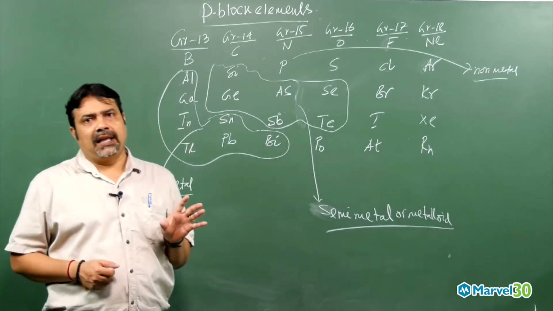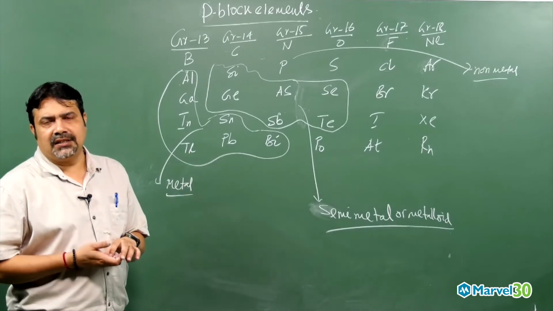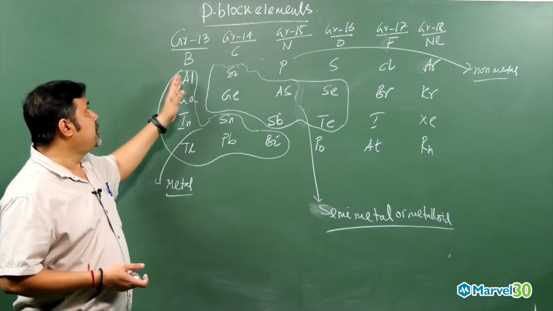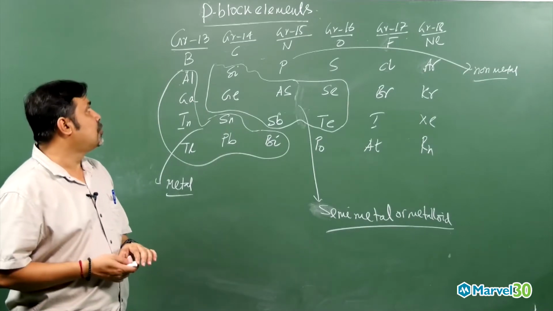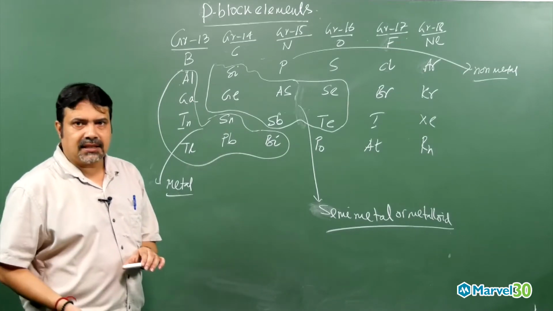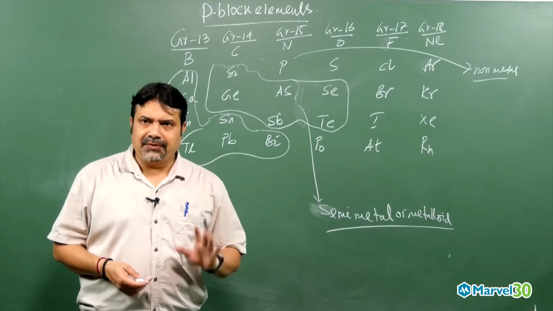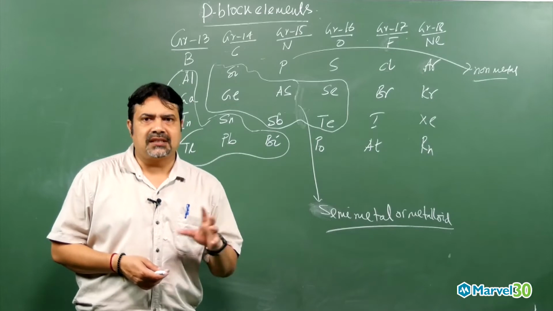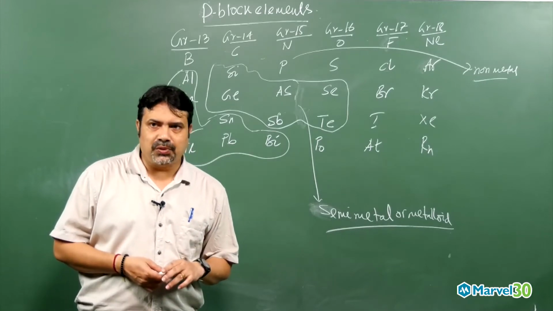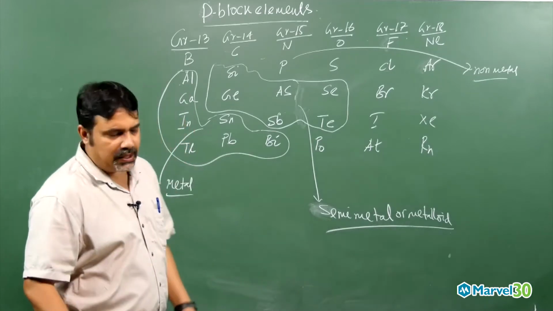So that is why we need to study these things. Now our focus will be on group 13 and group 14 elements. First we will proceed with the group 13 elements. General characteristics you know very well, we will finish in 5 to 7 minutes, and then we will go through certain compounds, structures and reactions. Got the point, my dear student?